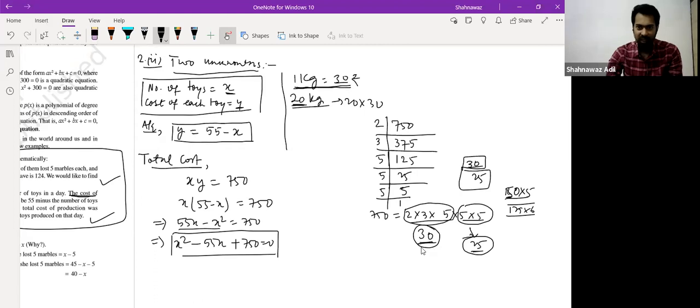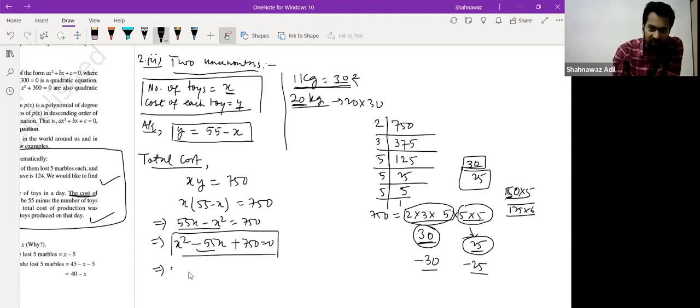Yes, sir. And what would be the sign of 30 and 25? Hamad? Plus. We have to get minus 55, right? So then what would be the sign of this 30? Minus, yes, so minus 30 and minus 25. So these are the two factors.